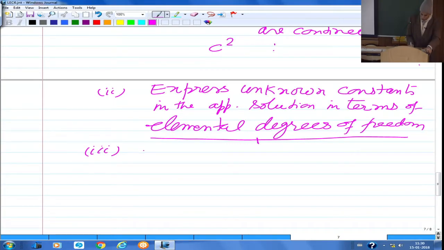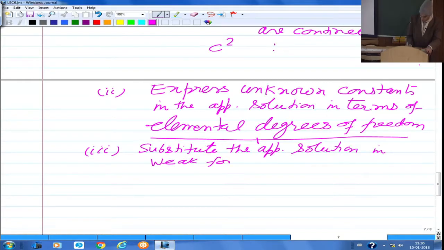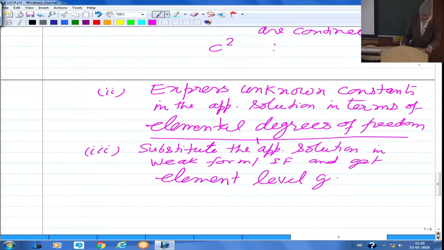So substitute the approximate solution, whatever you get in step 2, in either the weak form or the integral functional, and obtain element level governing equations.